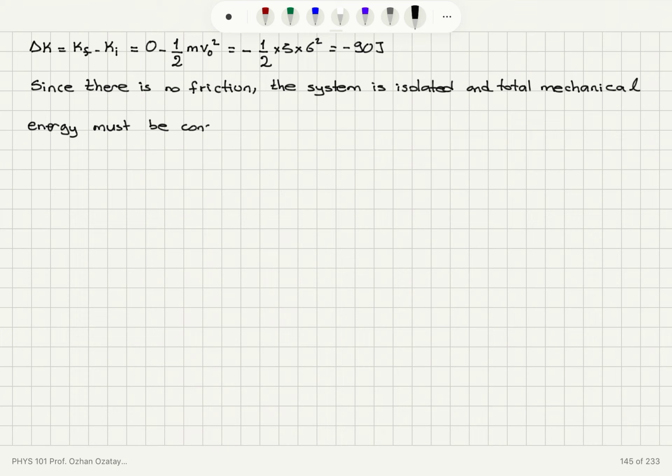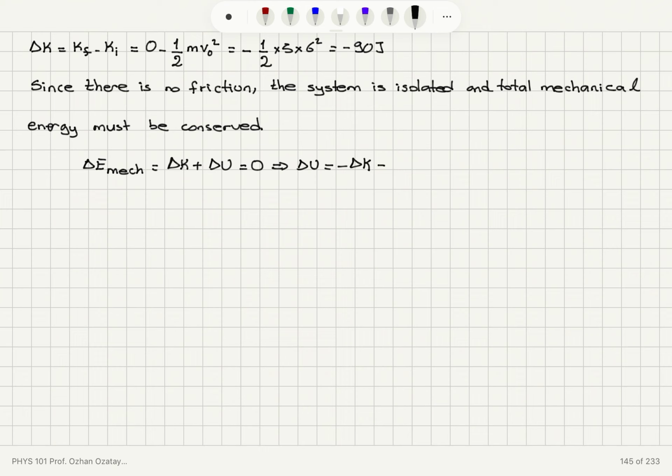If we had friction, there would be some energy dissipation in the form of heat. Okay. So with that observation, we have change in the mechanical energy of the system equals change in kinetic energy plus change in potential energy. This must be equal to 0. Therefore, the change in the potential energy is minus delta K.